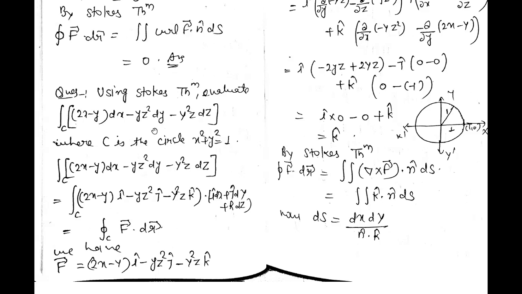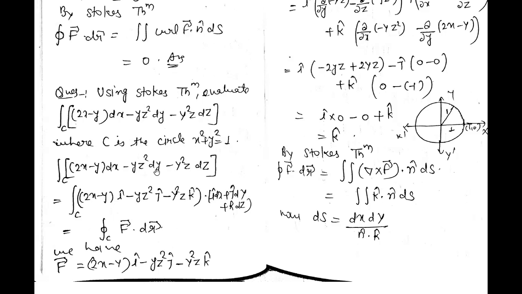So first you need to calculate f vector, right? So you can write this integral as 2x minus y i cap minus yz square j cap minus y square z k cap dot i dx plus j dy plus k dz, right? So this is your integral form.